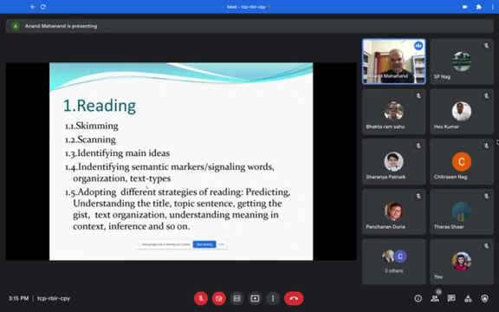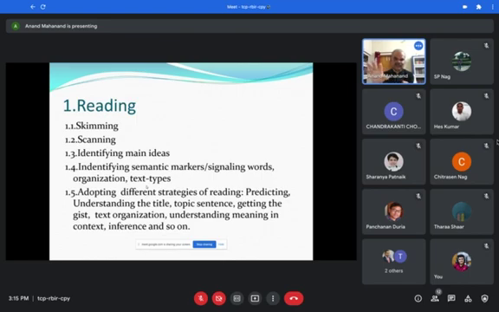All right. Another soft skill of reading is identifying main ideas. What are the important ideas that are there in the text, in an essay, or in a letter. Then identifying semantic markers or signaling words. I told you about signaling words last time. The writer will say, for example, there are three features of Indian economy.